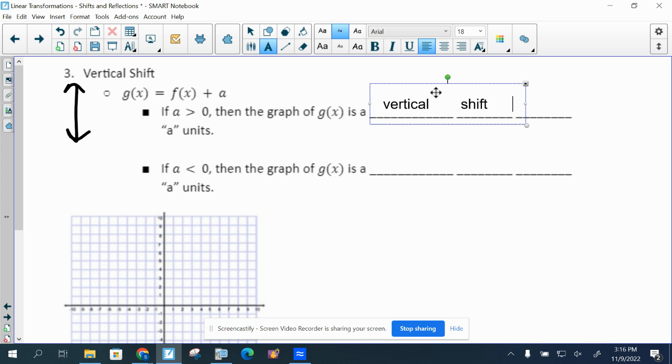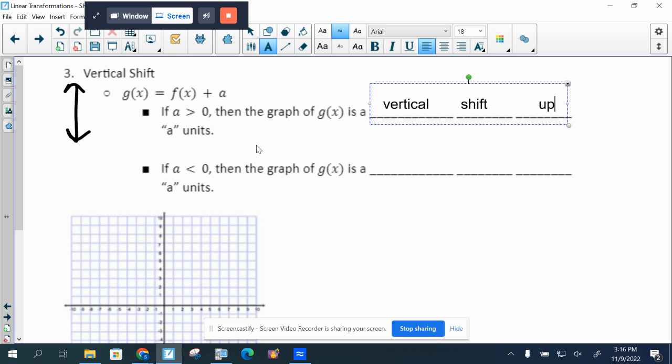You could also say translation, that's fine. Up a units. So if it's f of x plus 2, it's a shift up 2 units. Every point shifts up 2 units.